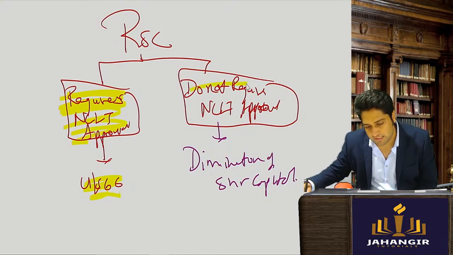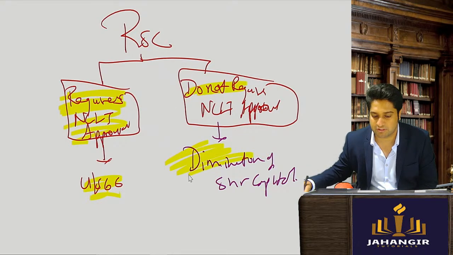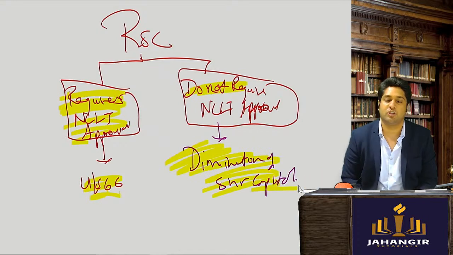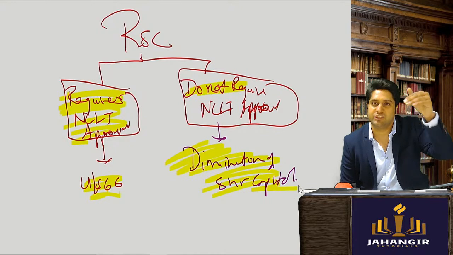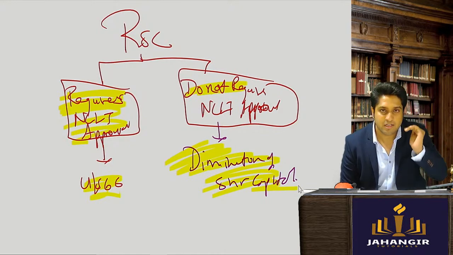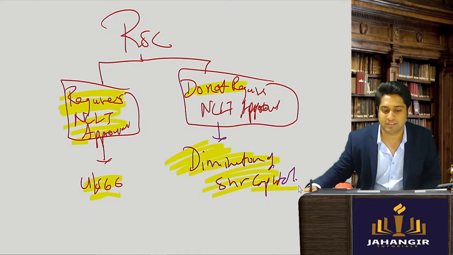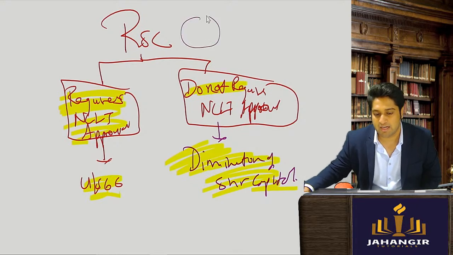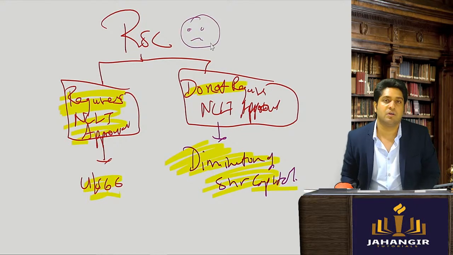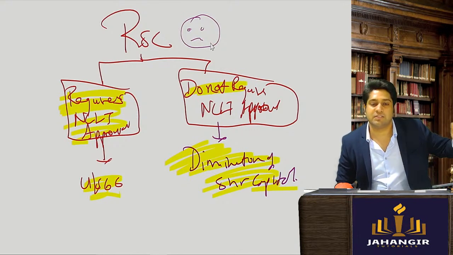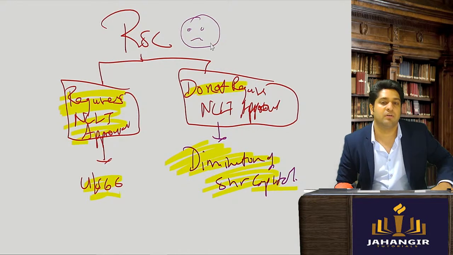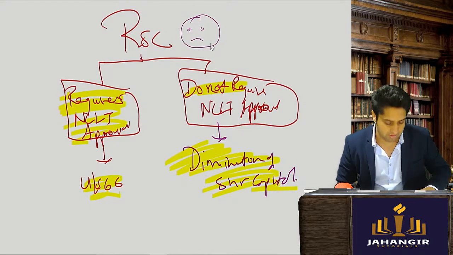Because it does not require NCLT approval, we have a special name called diminution of share capital. In both these cases, you will see that the share capital of the company is reducing. Now whenever the share capital is reducing, it is not a good sign, because the company's net worth is going to come down, the creditors will have a lesser amount to rely on, and the company has less amount in its pocket.